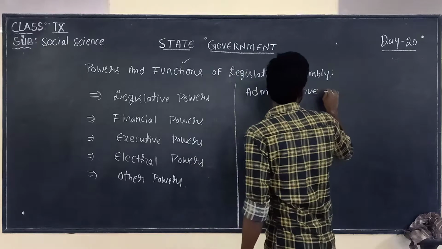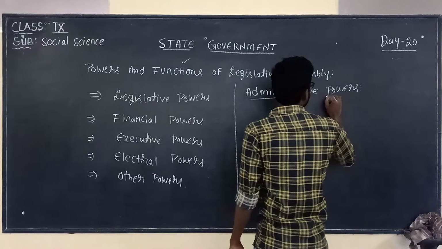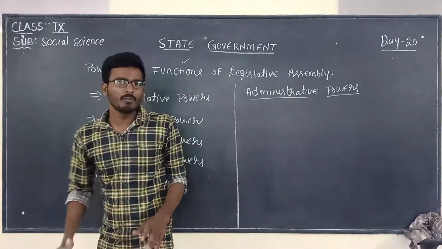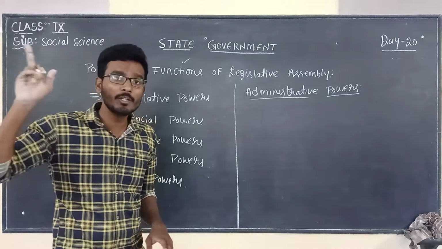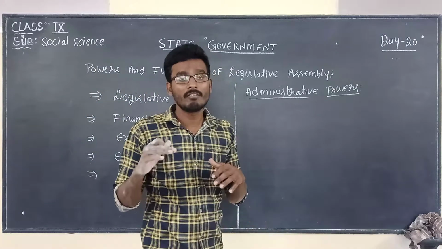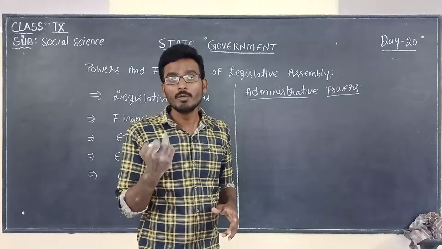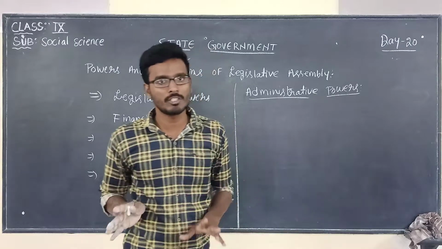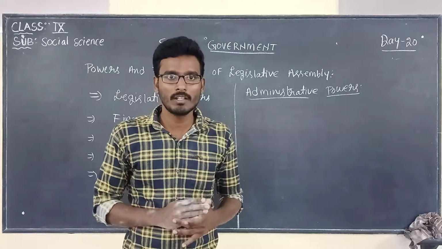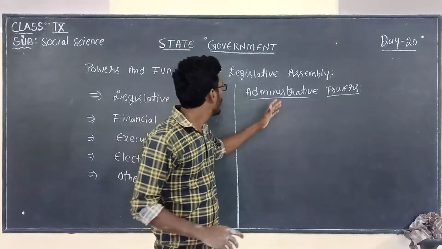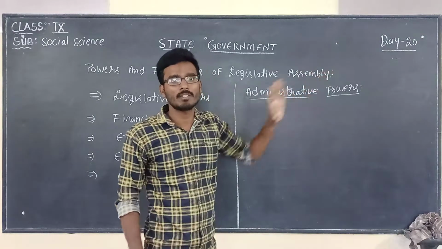Before we discuss administrative powers, in the previous class, especially in the union government lesson, while discussing the union cabinet, I discussed with you that the union cabinet has two kinds of responsibilities: one is individual responsibility and the second is collective responsibility. In the same manner here, what are the administrative powers of a legislative assembly?